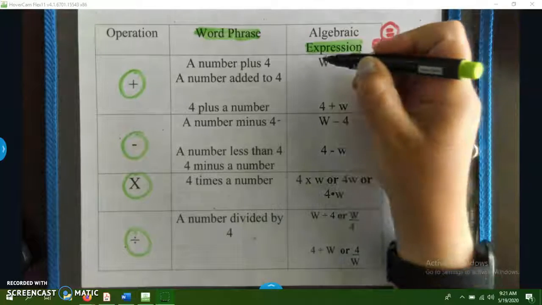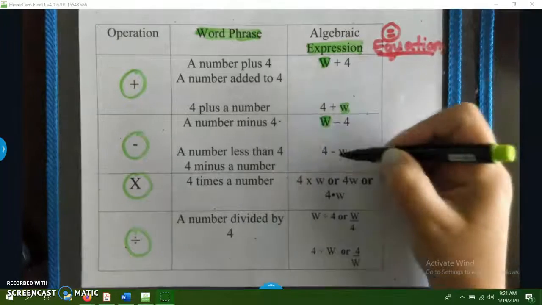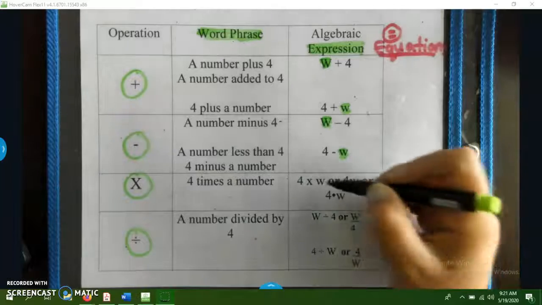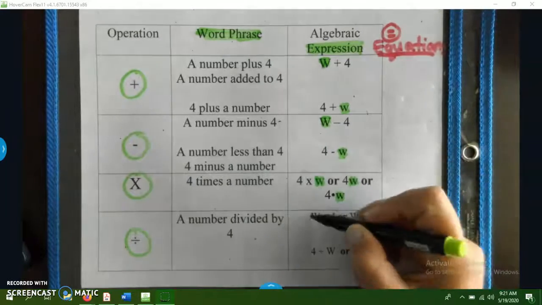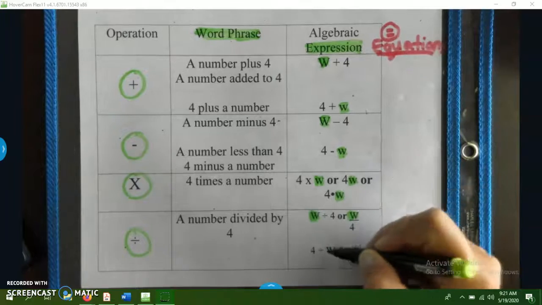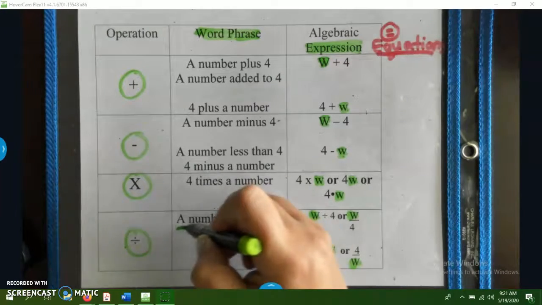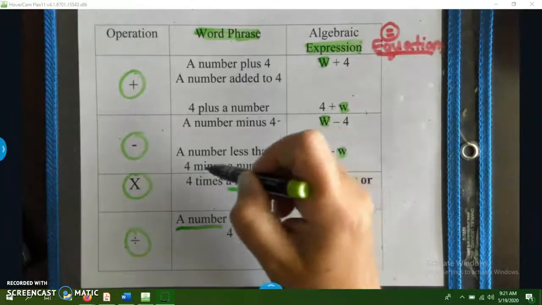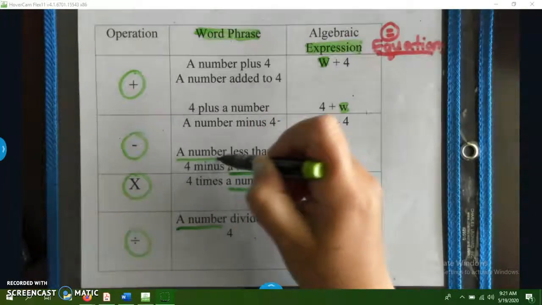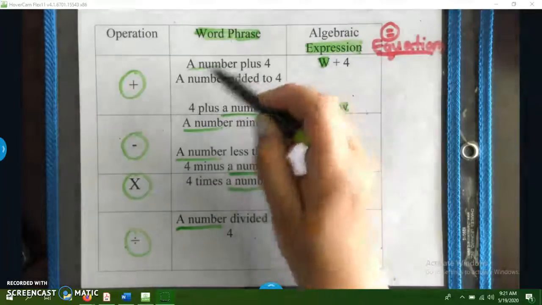You'll notice anytime we're writing the variable in the expression, it's going to say a number, because our variable is an unknown number. So everywhere our variable is at in our expression in words, it's going to say a number somewhere. Now, it seems pretty simple, but there is a couple of tricky things that we want to look out for as we get to some different examples.